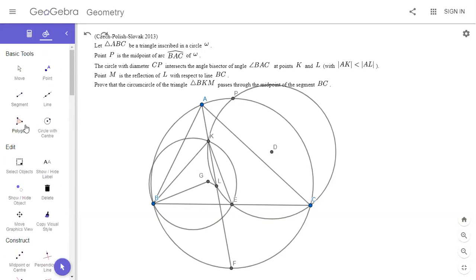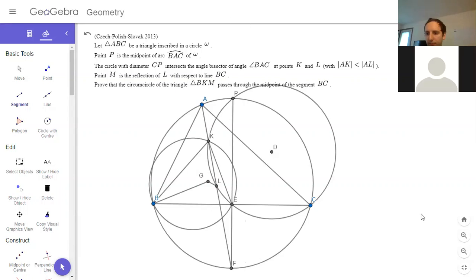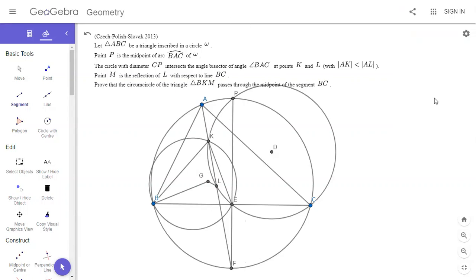Let's see. PE and F are collinear. Let me see. So angle BEL is what?